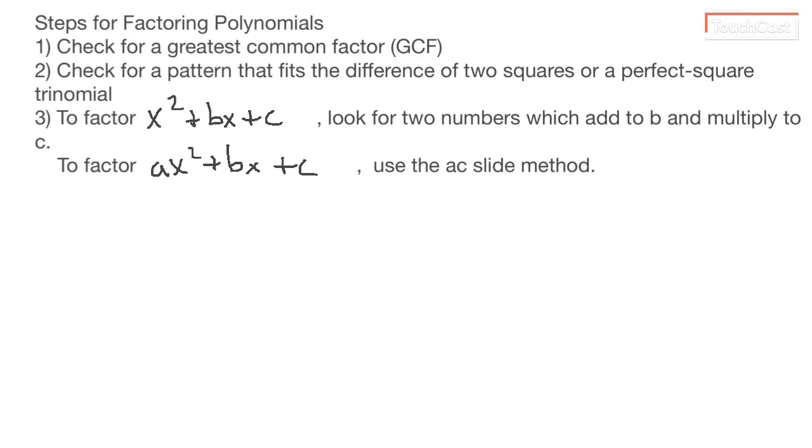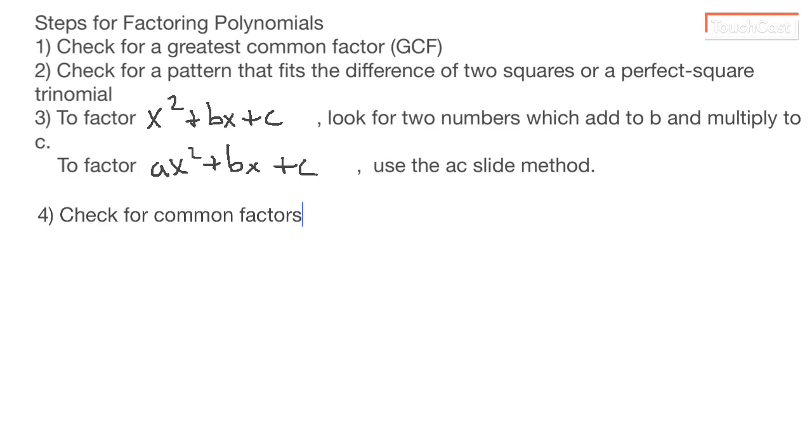Then, to factor a polynomial that looks like ax squared plus bx plus c, remember we're going to look for two numbers that add to make b and multiply to make c. And if they throw an a in front of x squared, so if we get ax squared plus bx plus c, we're going to use that AC slide method we talked about a couple videos ago.